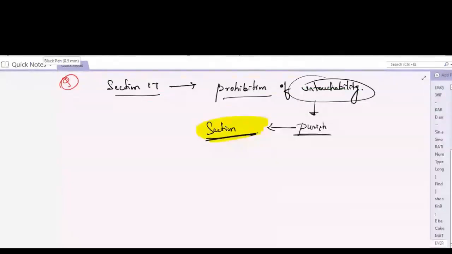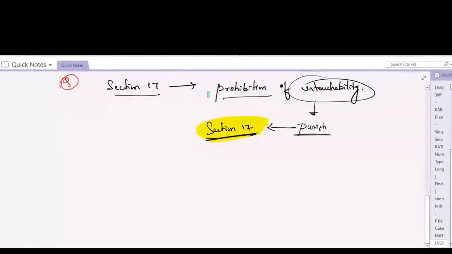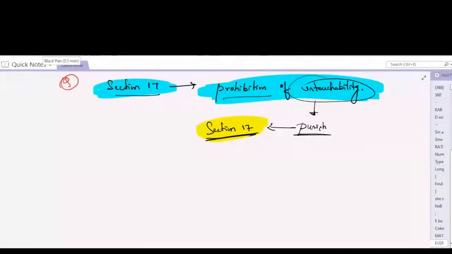Which section of our constitution says that if someone follows untouchability, we are going to punish them? Same section 17 only. Already we have seen prohibition of untouchability means what? If someone follows untouchability, we are going to punish. Understood?